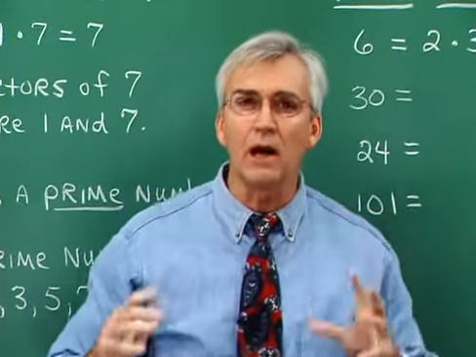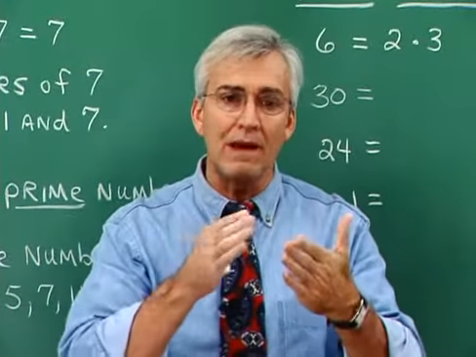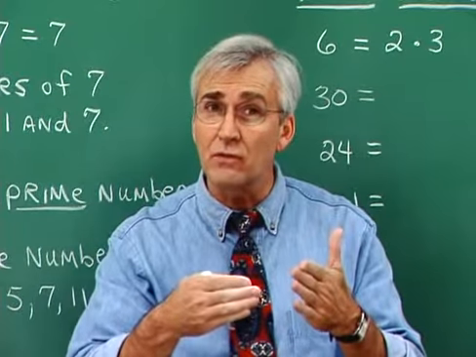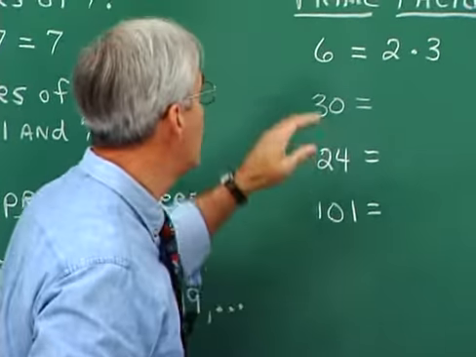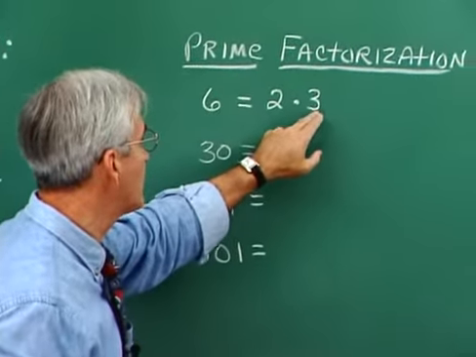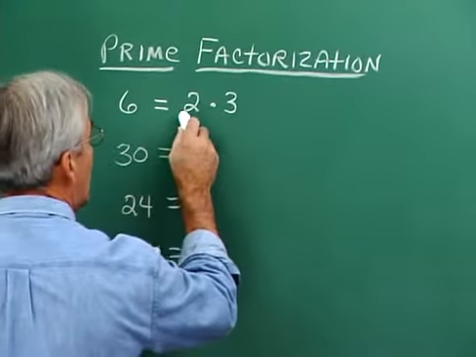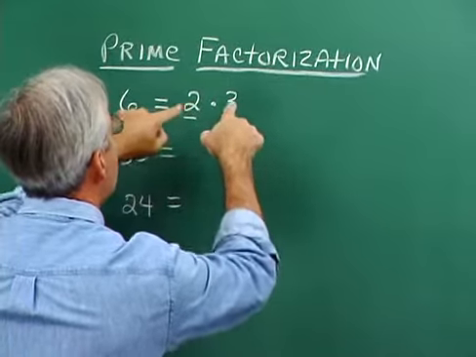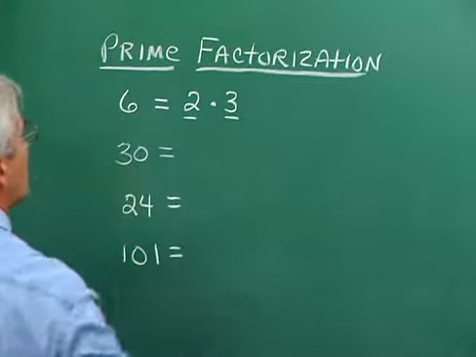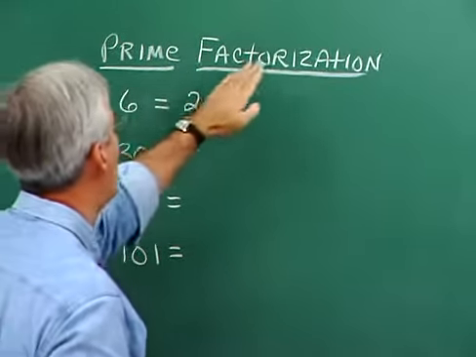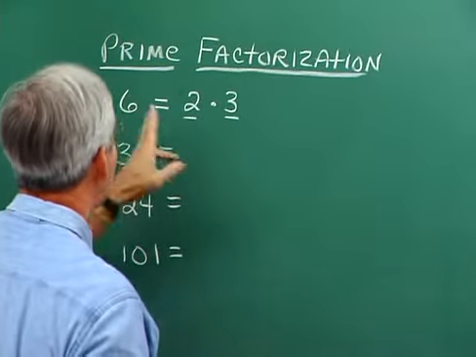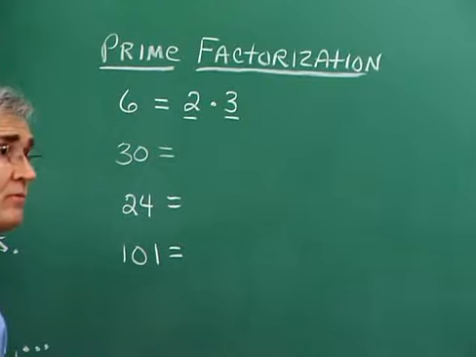They can be split up so that we write them as the product of prime factors. For example, a number like 6 can be written as 2 times 3. Notice 2 is a prime number and 3 is a prime number. So this is a product of prime numbers for 6. This is called a prime factorization. We are factoring 6 as a product of prime numbers.